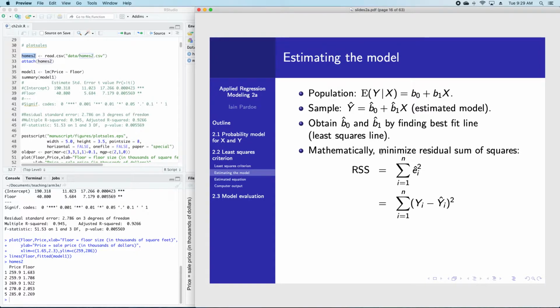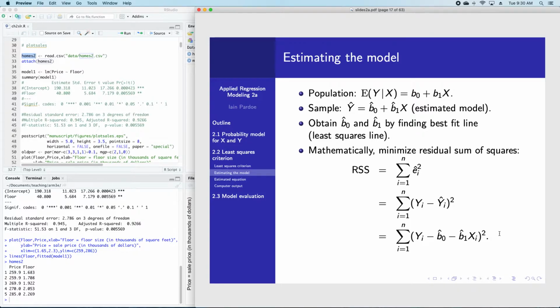And remember, the fitted value of y is given by this equation up here. So we could write this as the residual sum of squares is the sum over the sample, i equals 1 to n, of yi minus b0 hat minus b1 hat times xi. That residual gets squared and summed over the sample.